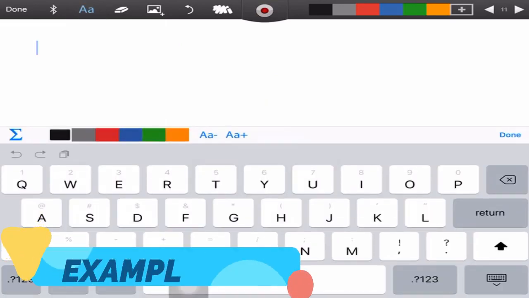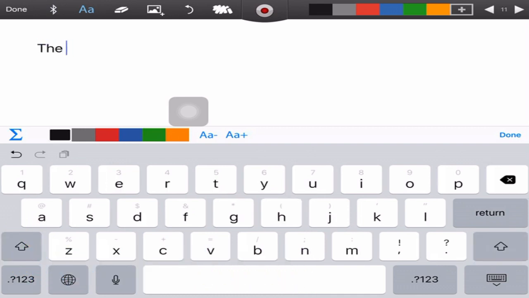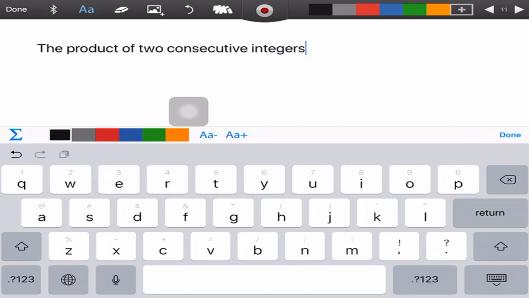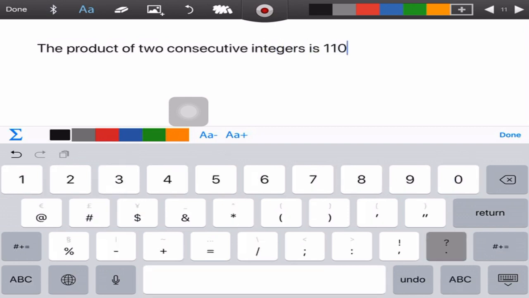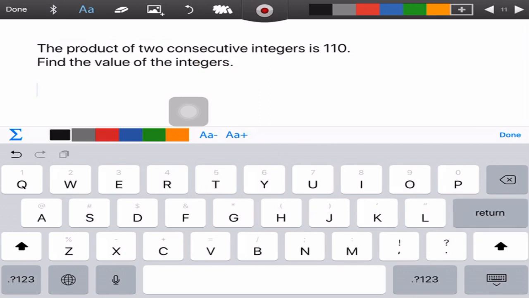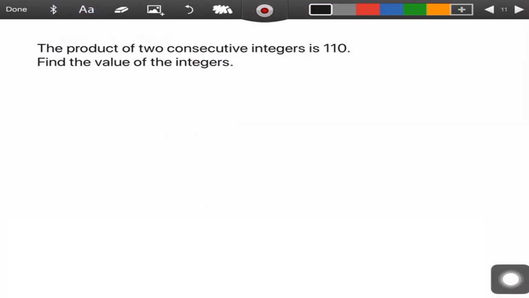Let us have the last example for the problem solving. The product of two consecutive integers is 110. Find the value of the integers. So in here, we have to find two integers. So the first integer will be x.